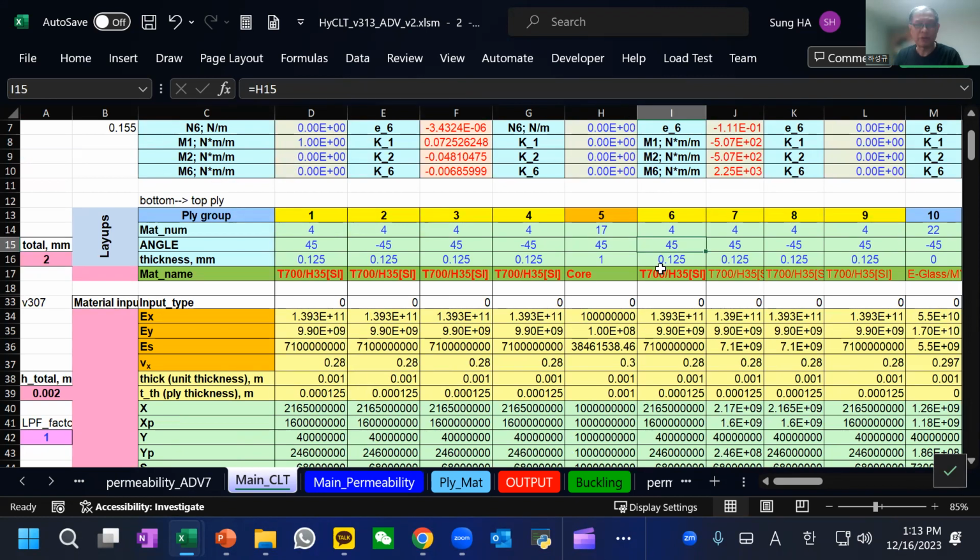Oh, sorry, I need to enter the 45 minus 45 and 45 minus 45. Right? Okay. Sorry, there was a formula. So let's double check.